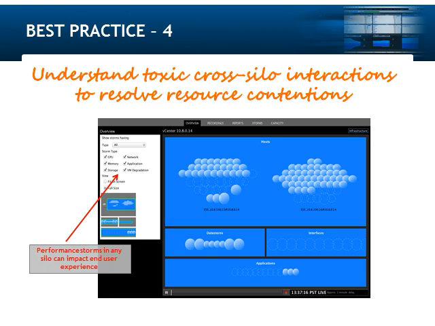So when you run hot, when you run at 10, 20 desktops per host, you are going to get resource contentions with respect to CPU and memory. Not all the time, but at times.